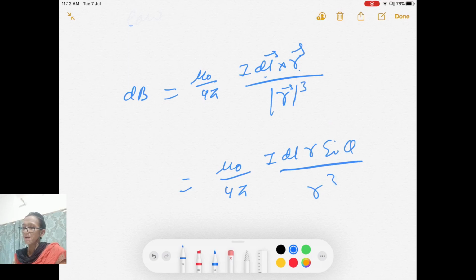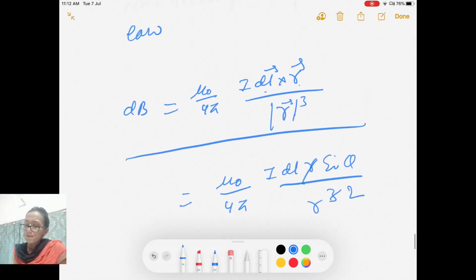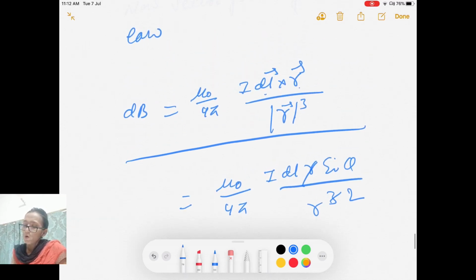So here you can find again the same thing. And you know that a vector cross product has directions perpendicular to both the vectors. dB will be perpendicular to dl, dB will be perpendicular to vector r, so dB will be perpendicular to the plane of dl and r.